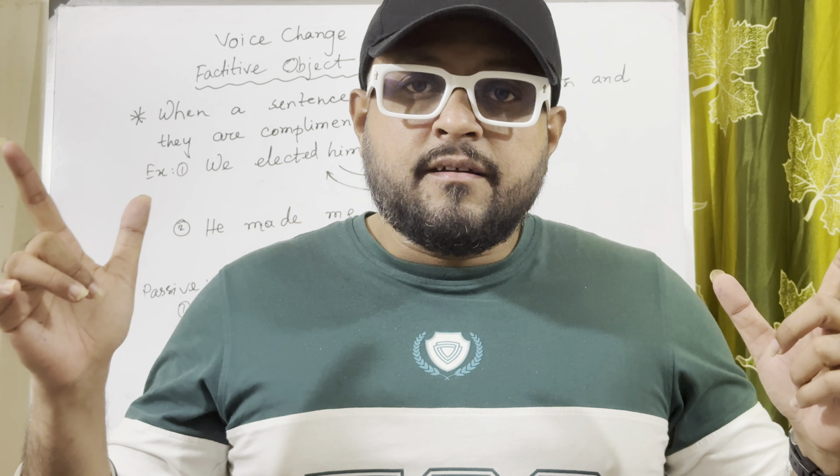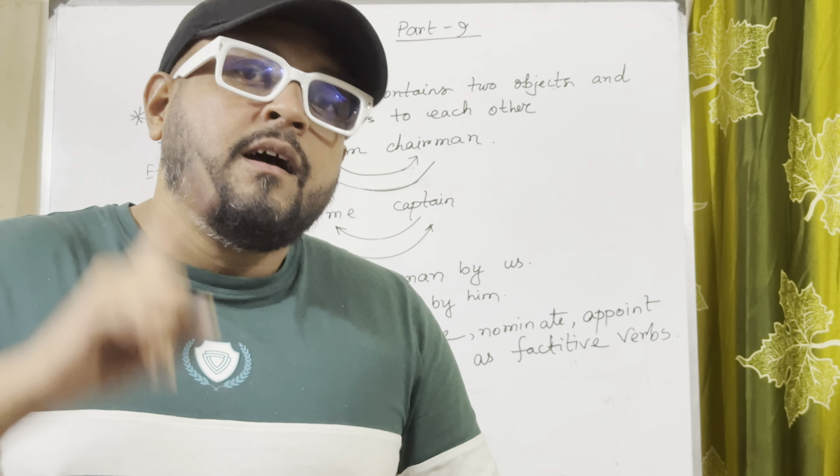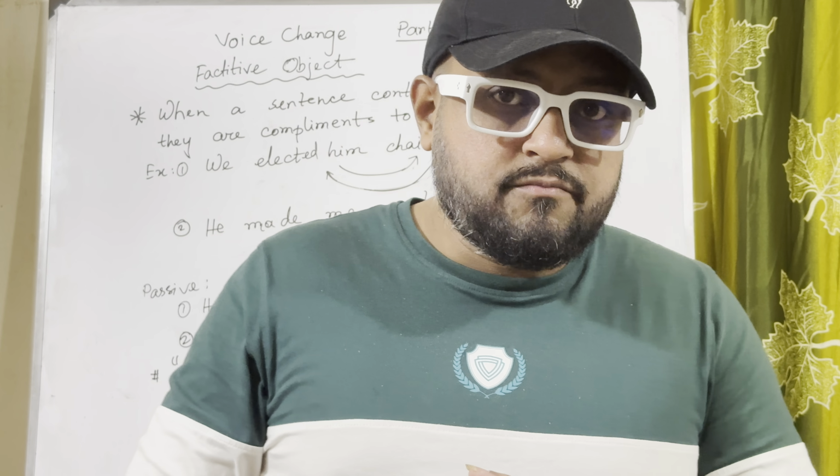When a sentence contains two objects and they are complements to each other, that means they must have a relation among them, and definitely they should complement each other. Maybe there are two different nouns or a mix of pronoun and noun, but the thing is very easy. They both mean one single idea.